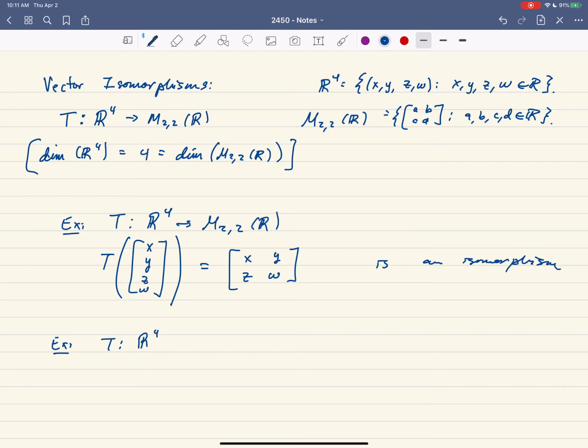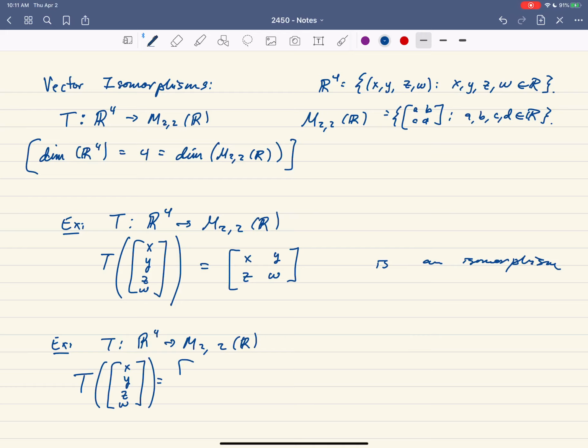I could have T going from R4 to M22 be given by, say, X, Y, Z, W going to, let's see, what do we think?